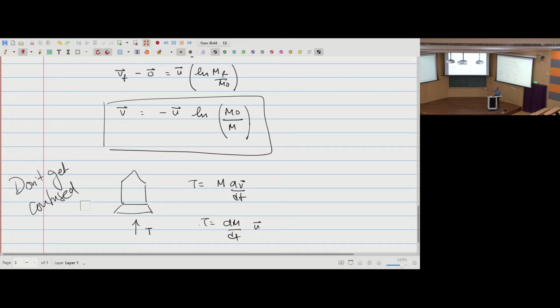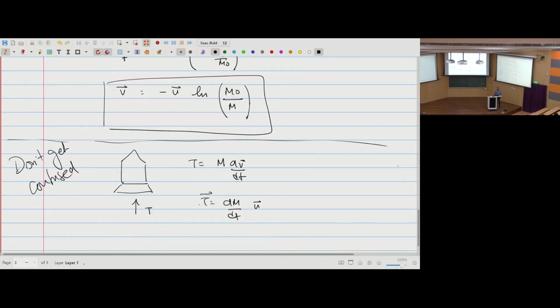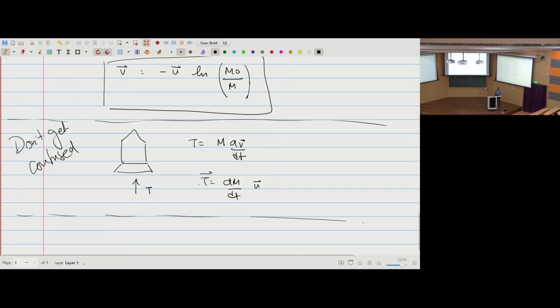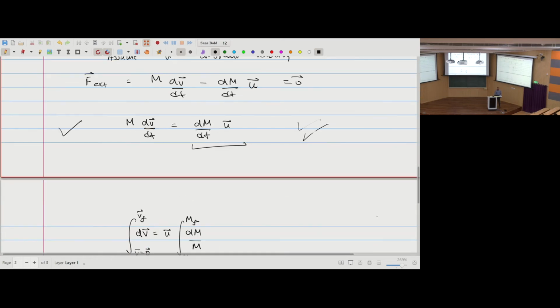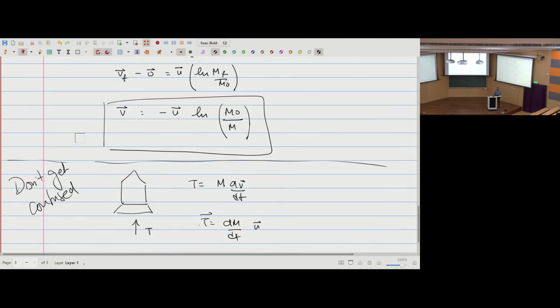So it is equal to dm by dt times the velocity with which the gases leave. In this case, it's a vector we are talking about. But of course, you don't have to get confused with this, because I will suggest you use this expression. Right. So next problem.